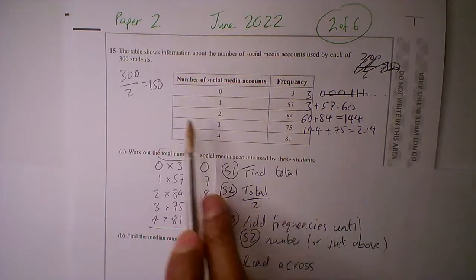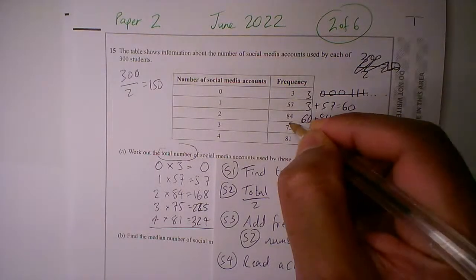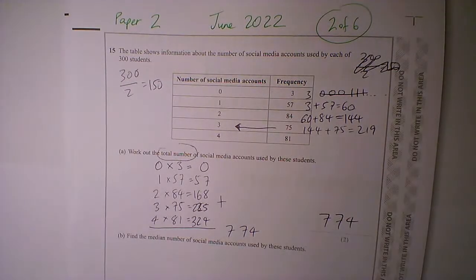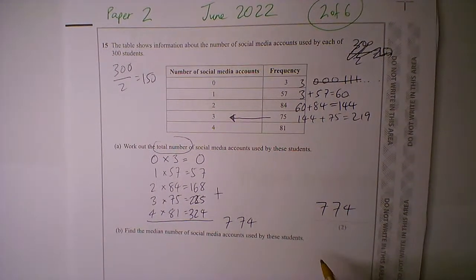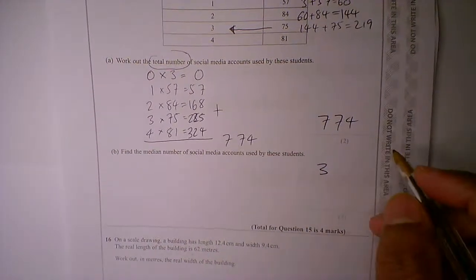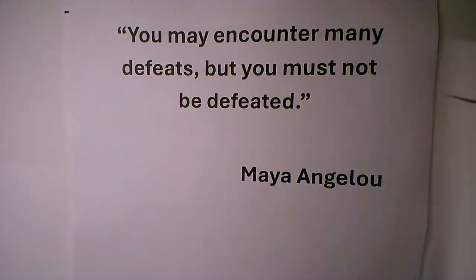So I've got 219, which is way above 150. So now my step 4 is I read across. So my median for this is 3.